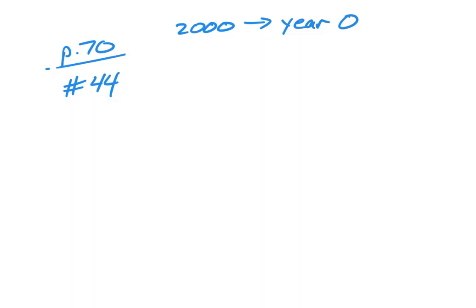Okay, so my ordered pair here would be 0, 26.3. 22 years later, in 2022, the number of children had dropped on average to 16.7.